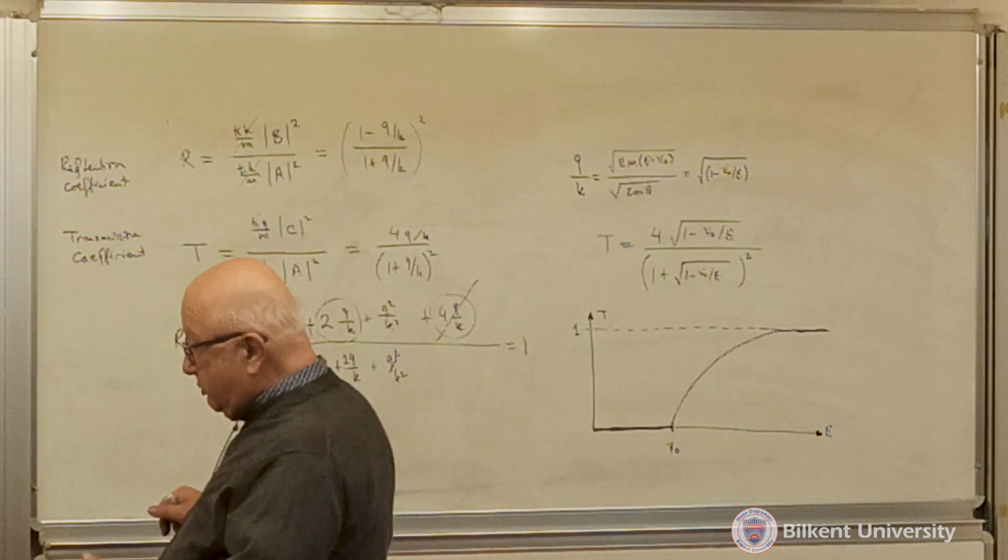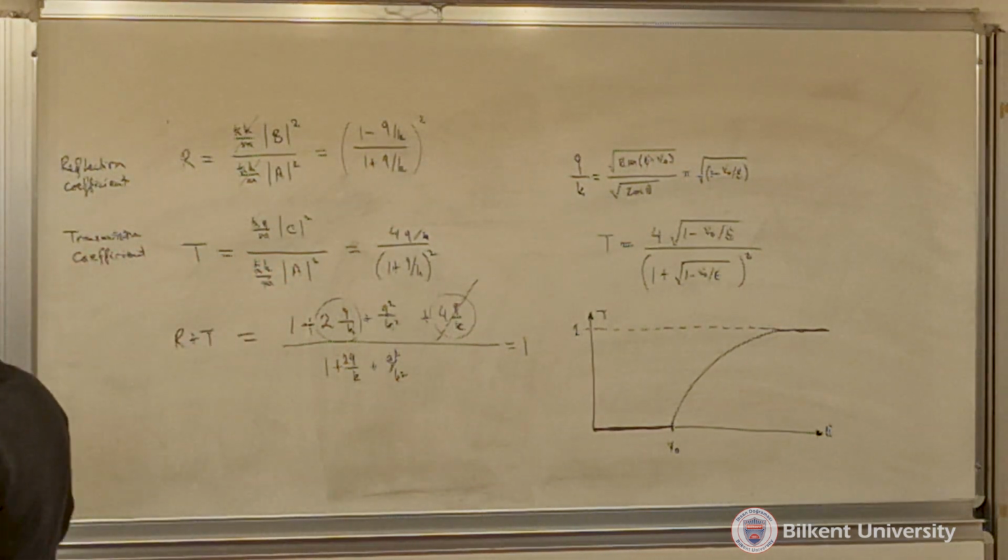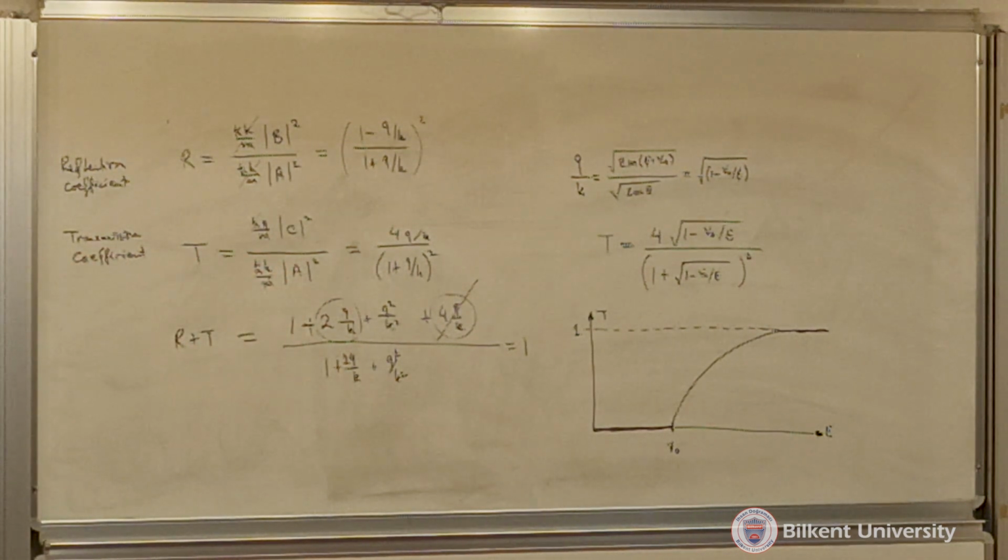All right, now that you have found this, you can actually go back, and if you want to send a Gaussian wave packet across the barrier, you can do that, right?